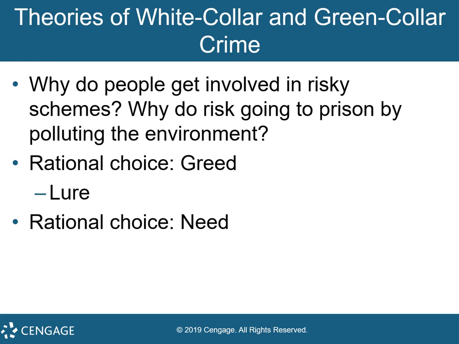Now, criminologist Neil Shover and Peter Grabowski introduced the concept of another kind of rational choice here, the choice of lure, to help explain why these people succumb to the illegal yet alluring benefits of crime.